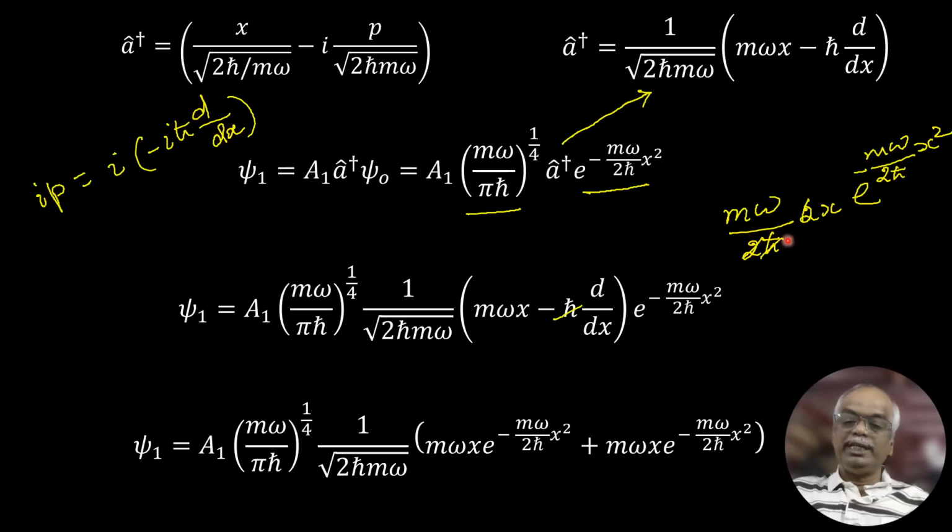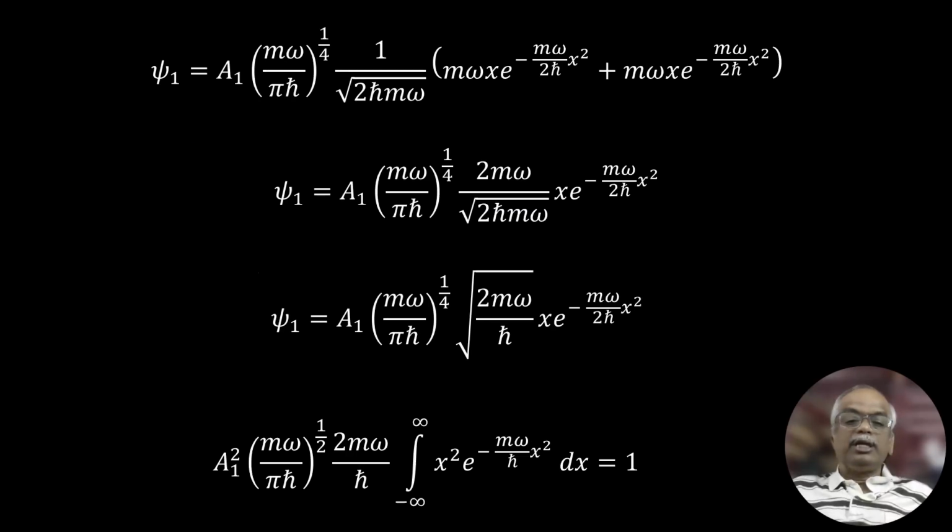So you will get only m omega x times that exponential term. If you bring this exponential term inside the bracket, you will get m omega x times this exponential term plus m omega x multiplied by this exponential term. Now we got this expression. You can see the first and second terms are equal, so this can be written as 2 m omega x times this exponential term.